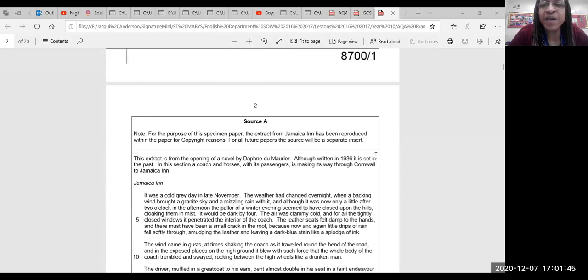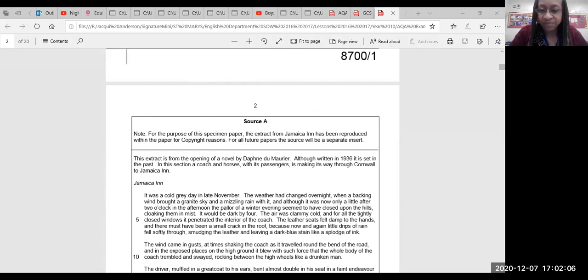Okay, so what you'll find with the language paper 1 is that usually the writing, the story that you need to write, the descriptive or the narrative story, has some relation to the reading. So just as we had this extract from Jamaica Inn, it was the people in the carriage in the really terrible weather.